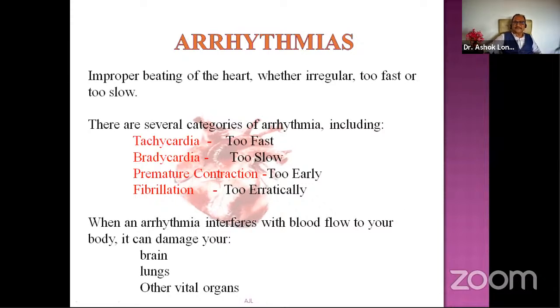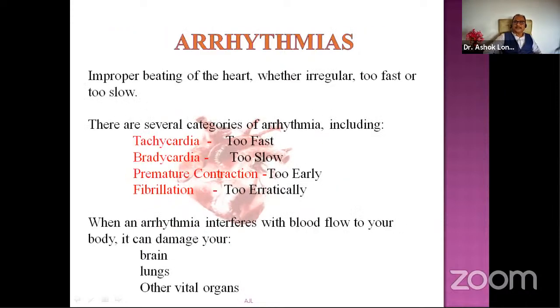When there are many fibers vibrating, similarly the structures move in a different way. When an arrhythmia interferes with the blood flow to your body, it can cause damage. Definitely.